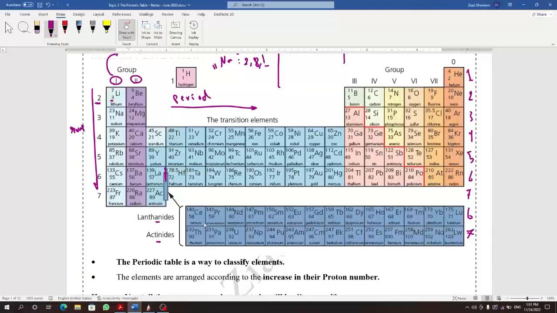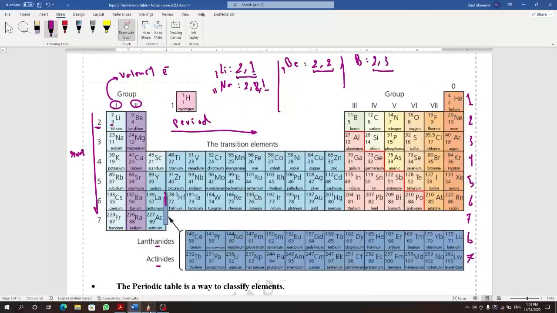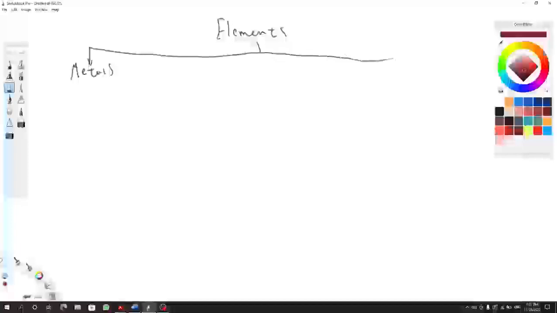There is another way elements are arranged or categorized in the periodic table. That is, elements can be arranged according to their metallic properties into metals and nonmetals, and right in between these two there is a category called metalloids, which we'll be talking about later on.